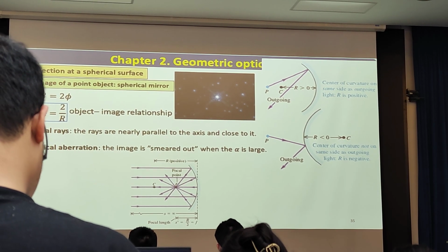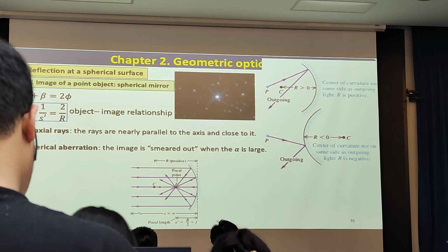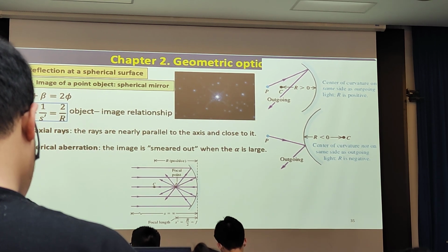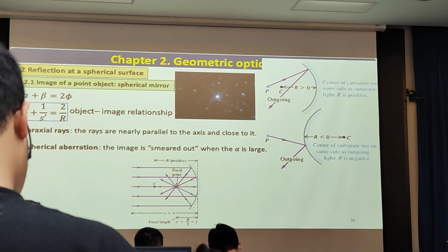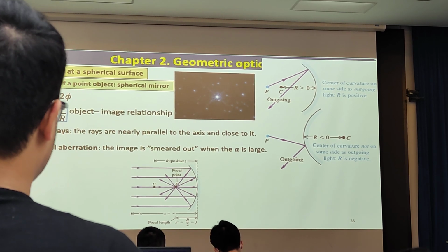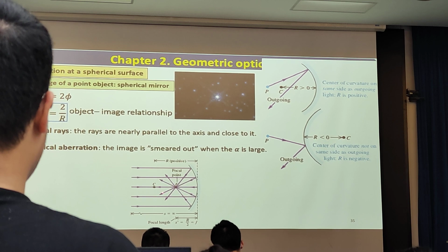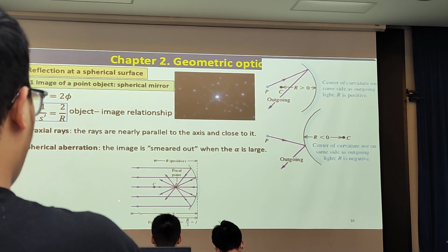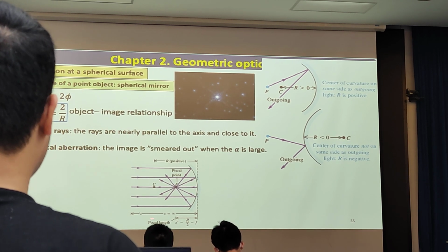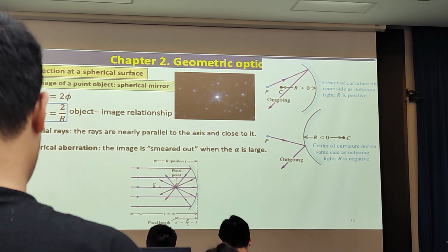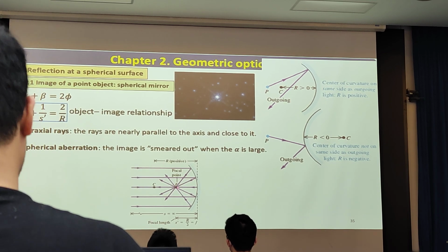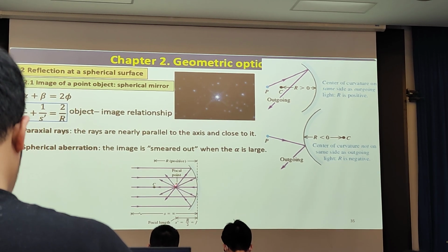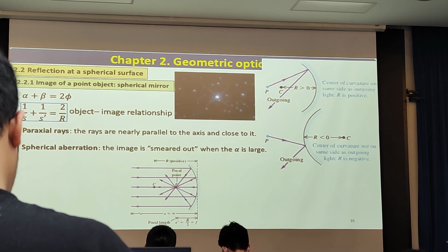You use paper and some spherical mirrors and gather the sunlight, and you will find some point at which the paper can be burnt, right? So here we have something similar. Incoming rays parallel to the optical axis and parallel to each other, with s going to infinity, very far away. And then the reflected rays focus at this point. That's why it is denoted with F, meaning focus point.